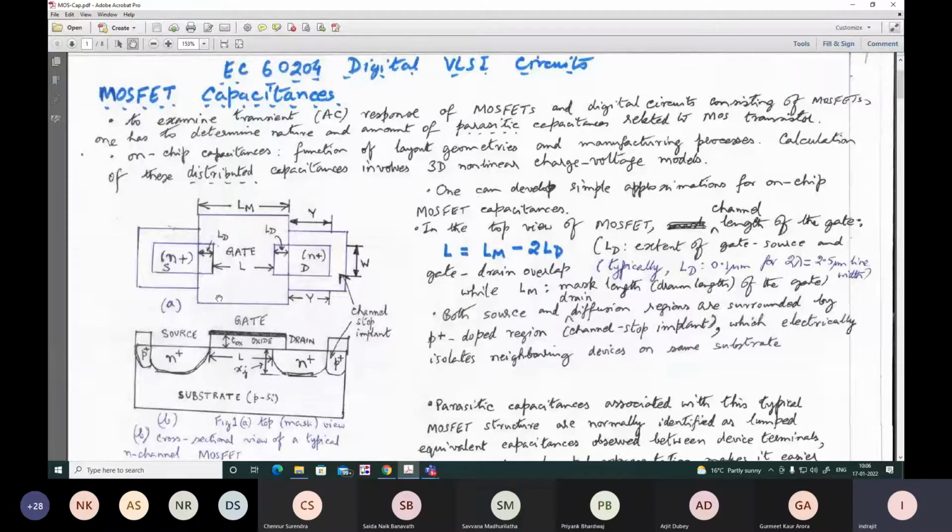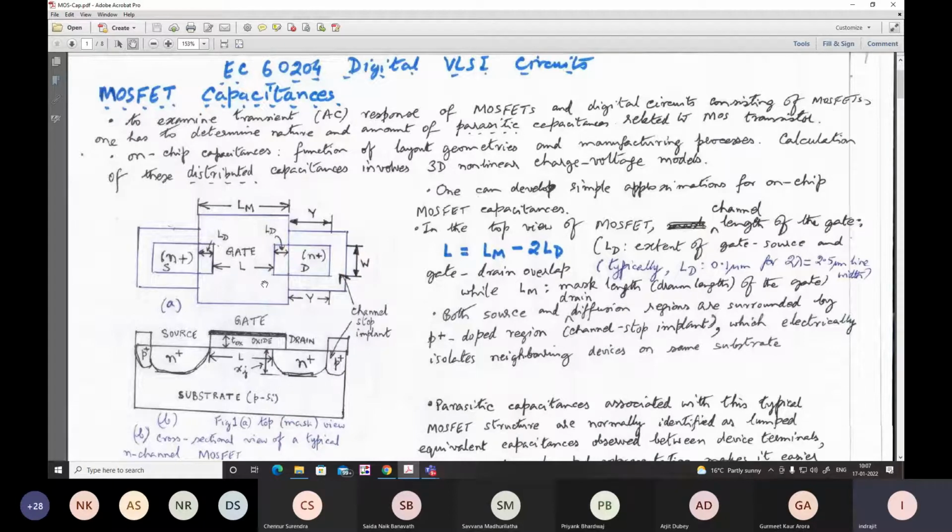But as diffusion process is carried out, some of the impurities will tend to, it is unavoidable, have some overlap between the source and gate. So on the top we have got the metal, polysilicon gate overlying the underlying oxide and silicon substrate.